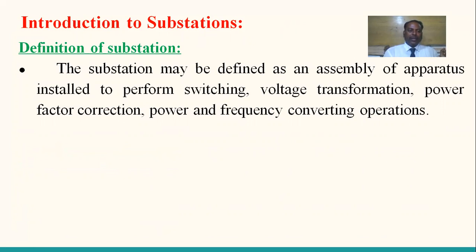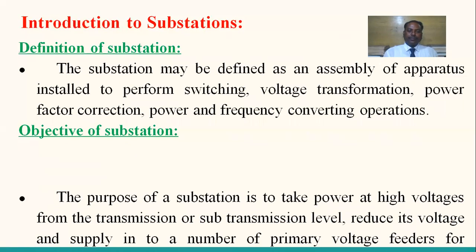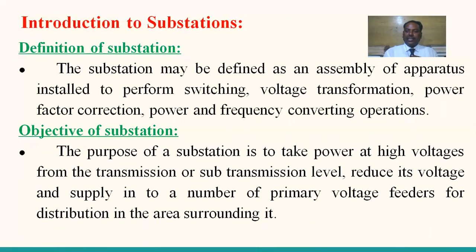And what is the primary objective of the substation? The purpose of a substation is to take power at high voltages from the transmission or sub-transmission level, reduce it, and supply it into a number of primary voltage feeders for distribution in the area surrounding it.